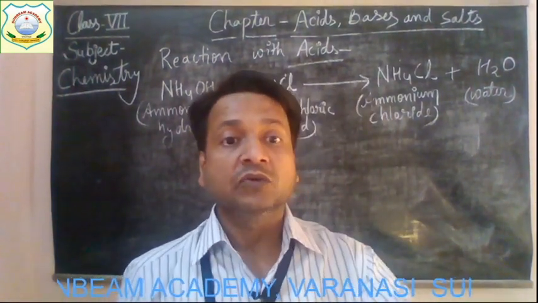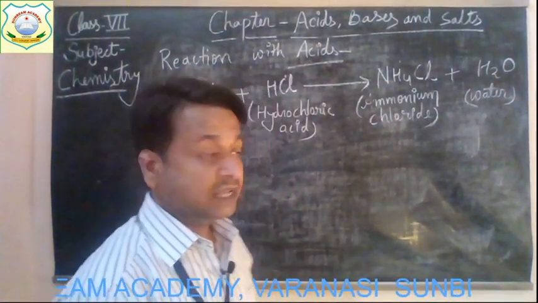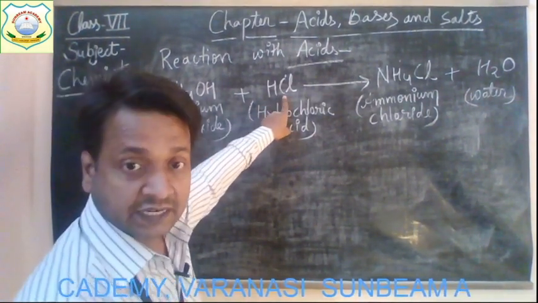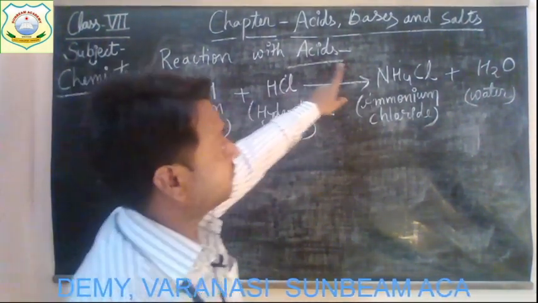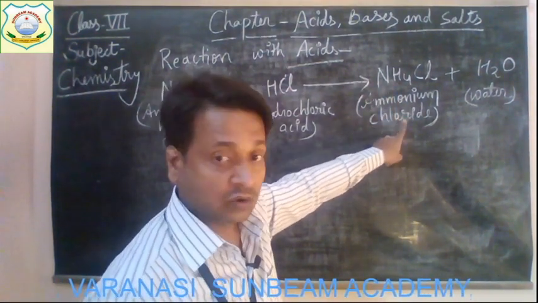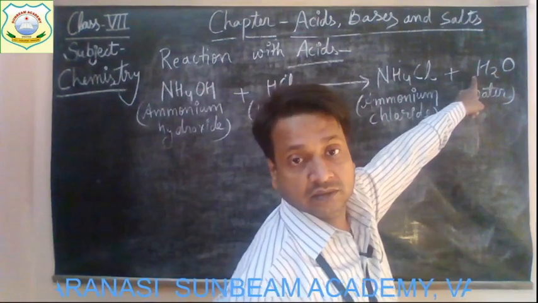Alright children, so in this reaction, a base, that is ammonium hydroxide, reacts with an acid, that is hydrochloric acid, and forms a salt, which is ammonium chloride, and water.